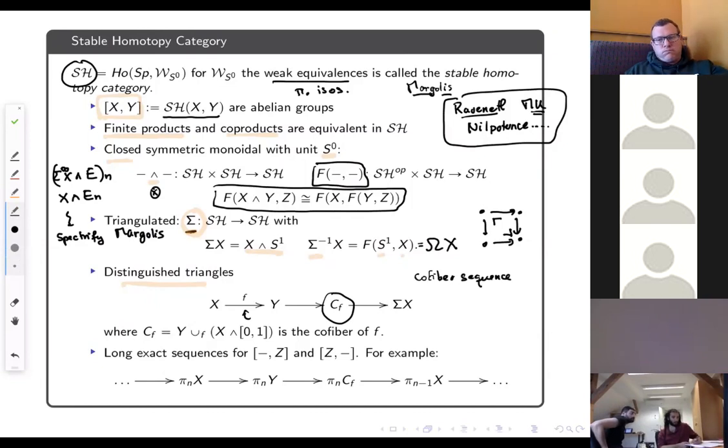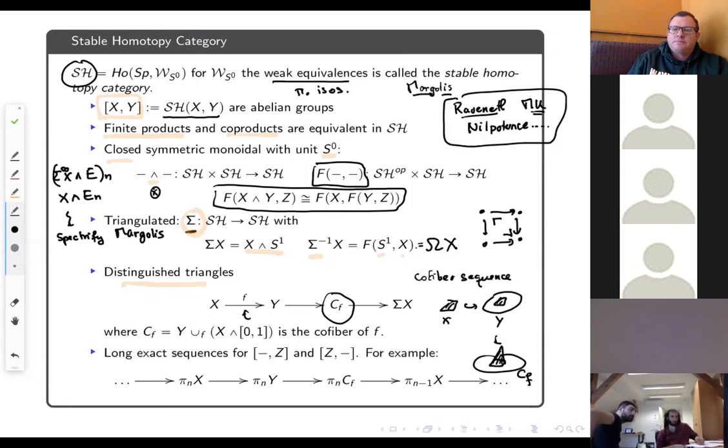Maybe you had X, it went to Y, and then the cofiber was the thing where you just coned it off. So this is CF. And in fact, you can do the same type of construction in spectra. It's like Y, and then you join a cone on top of the image of X.